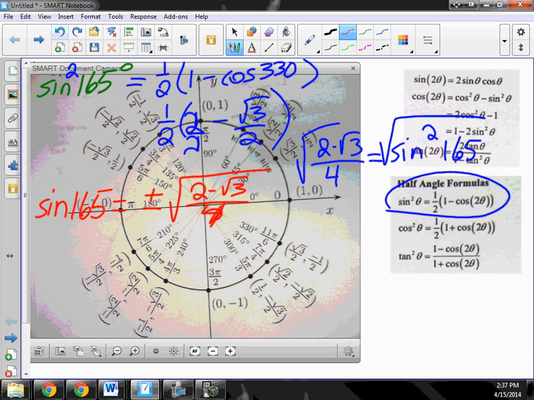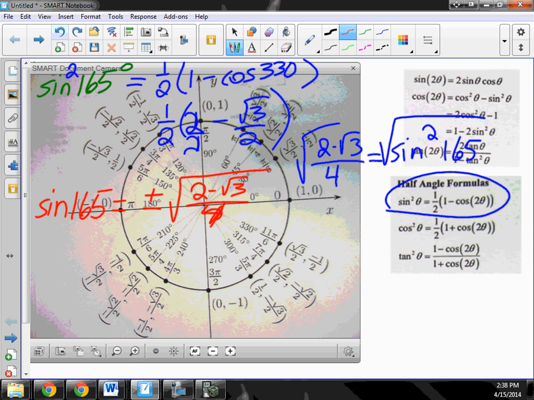Well, can the sine of 165 be both positive and negative at the same time? No, for every angle there is one y-value height. It's either a positive height or a negative height. Which one is it in this case?